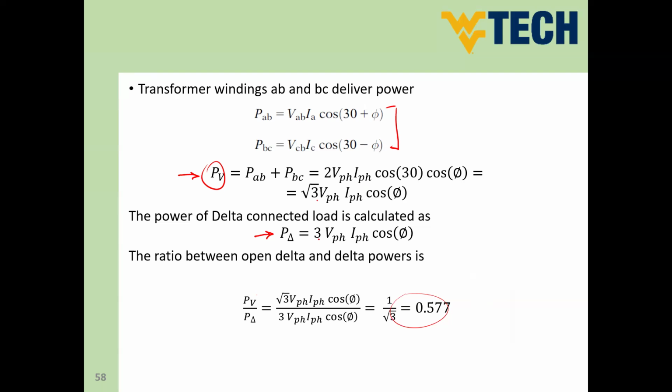Take care, guys, that most of the time we don't have rated load on the transformer. And we shouldn't design our transformer to work at rated load all of the time, because the efficiency at rated load is going to be a bit less than the maximum efficiency. So this is one thing.